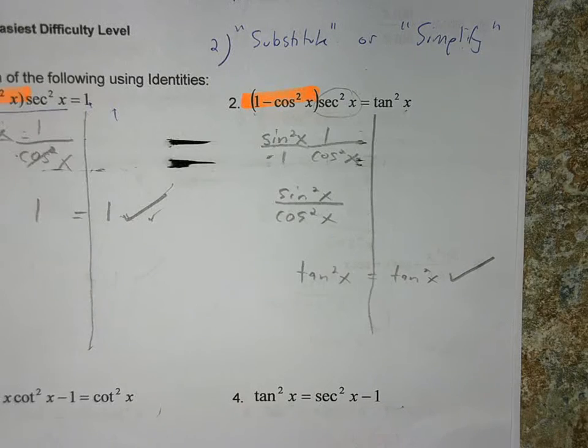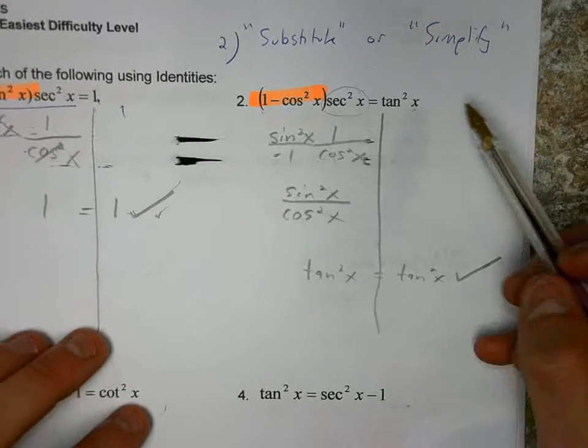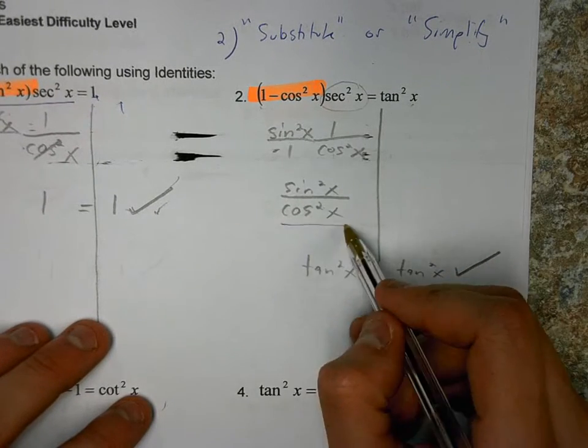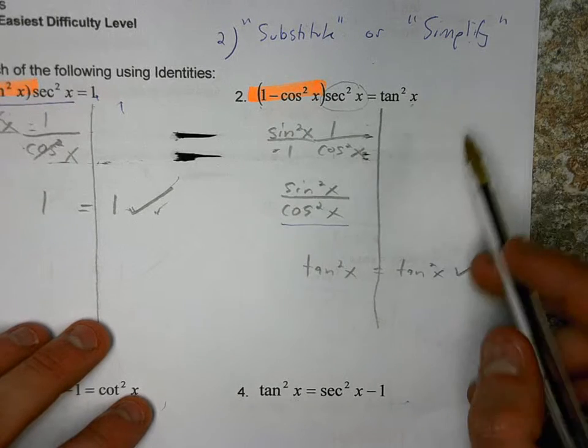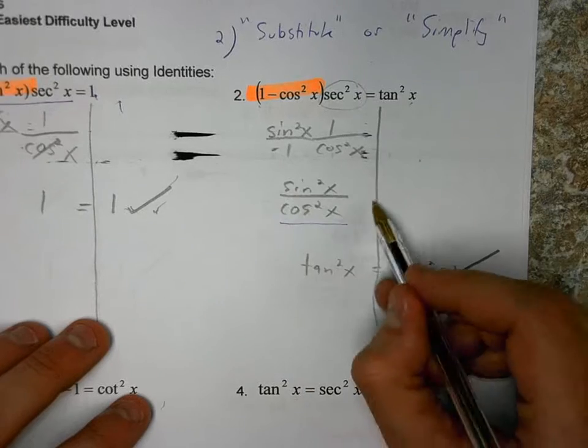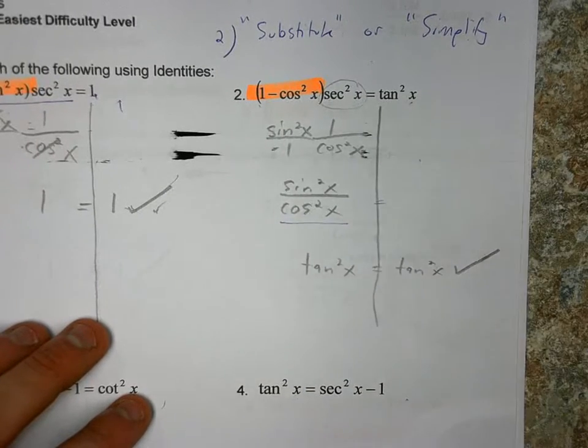Could you work the other way, like if you change the tangent squared x into the sine over cosine, and then you have sine over cosine equal sine over cosine, does that constitute as being done, or should you have it so it's tangent? So this is important, what she just asked. She's saying, could we have maybe stopped here, converted tangent to sine over cosine, and then you would have this equals sine squared over cosine squared?